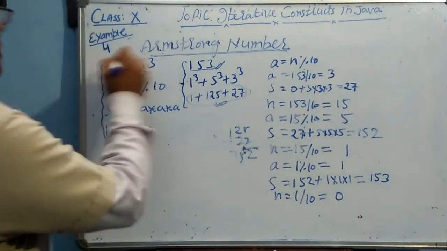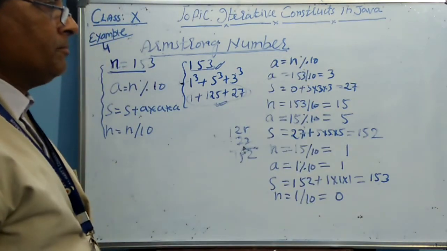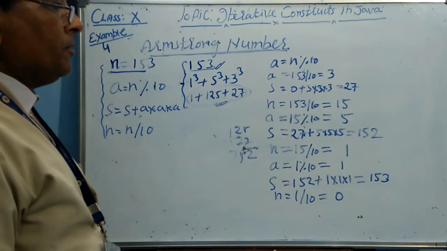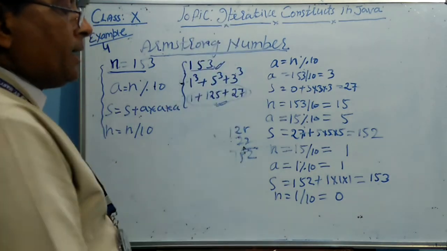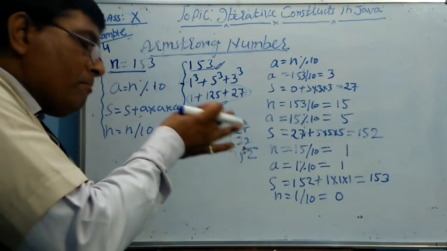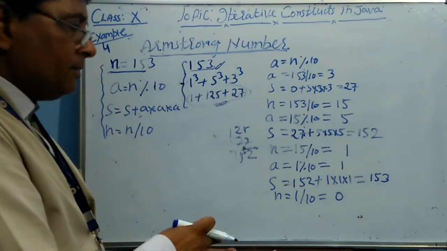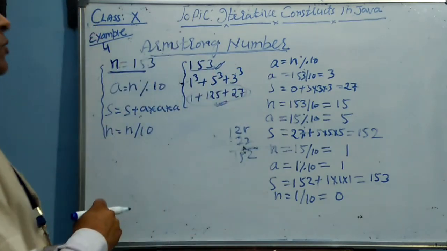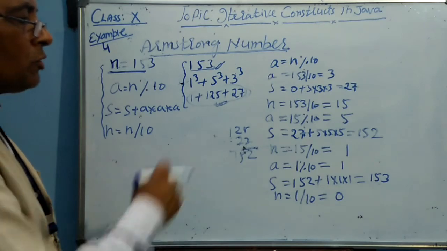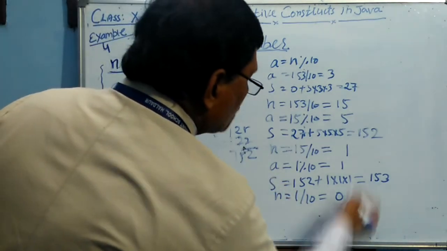By this logic inside the computer, I think all the students understand well. Now we will make the program, so you have to keep in mind how it will be calculated. Like this it will be calculated till the value of n is equal to 0.